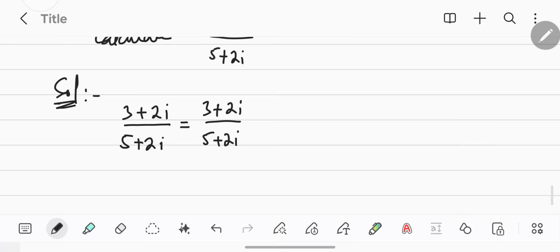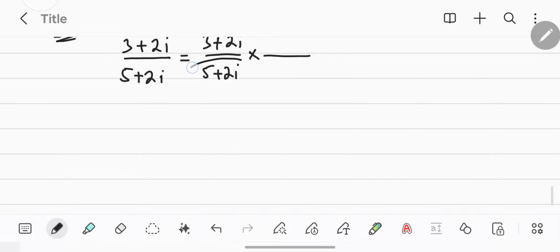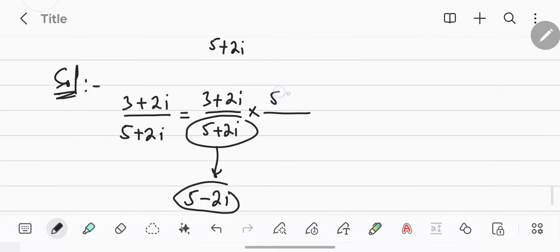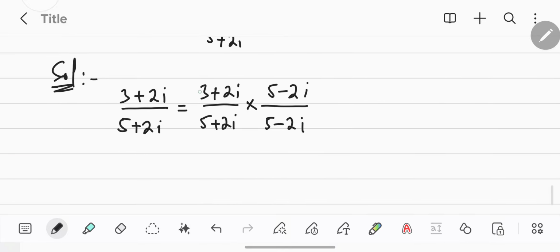The first step is to multiply and divide by the conjugate of the denominator. What's the conjugate of the denominator? It's 5 minus 2 iota. So I will write this term up and down, okay? So 5 minus 2 iota, 5 minus 2 iota. Then I will multiply the numerator with the numerator and the denominator with the denominator.